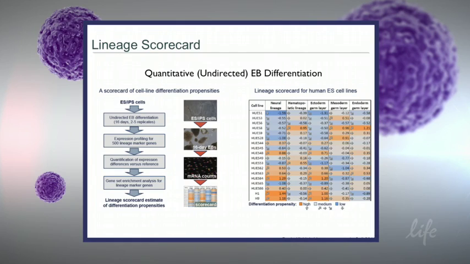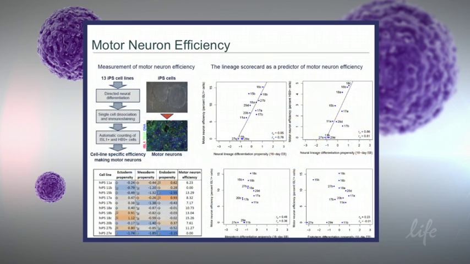The interesting result was when we took these scores of the ES cell lines or iPS cell lines and correlated them with the actual direct differentiation, in this case taking the iPS cell lines and, in collaboration with Kevin Egan, differentiating them all the way down to motor neurons, and correlating our neural lineage differentiation score to the motor neuron efficiency, we saw a very striking correlation.